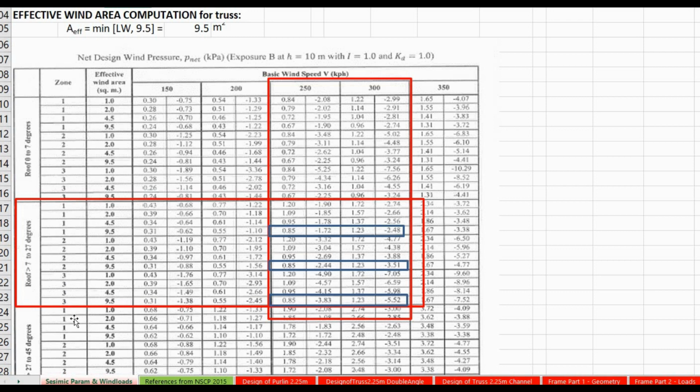But, this time, hindi na natin kailangan mag-interpolate ng area. Why? Kasi 9.5 na ang ating gagamitin. So, we have here for 250, we have 0.85 sa windward and negative 1.72 para sa leeward.